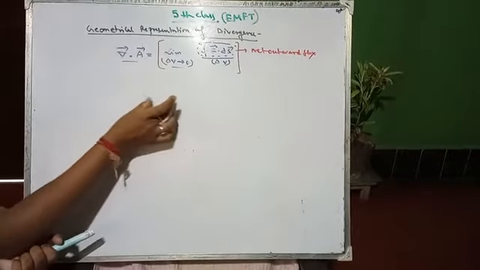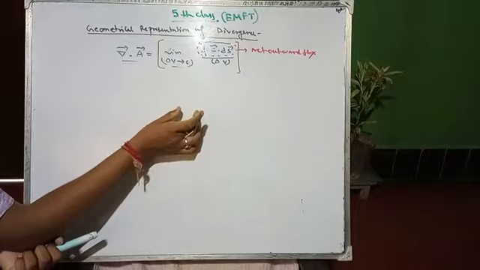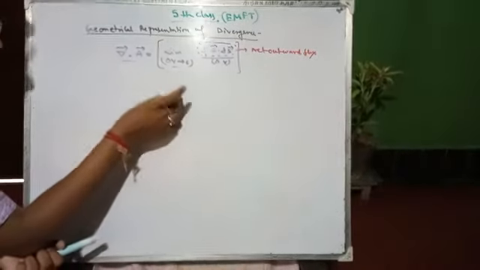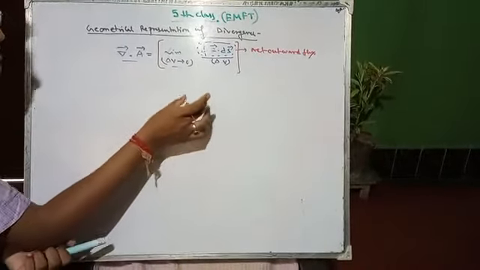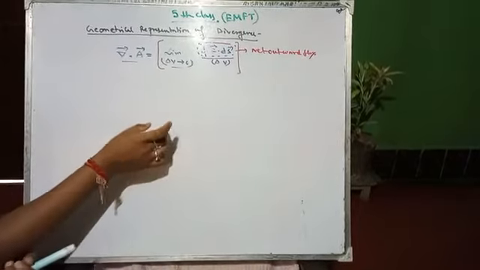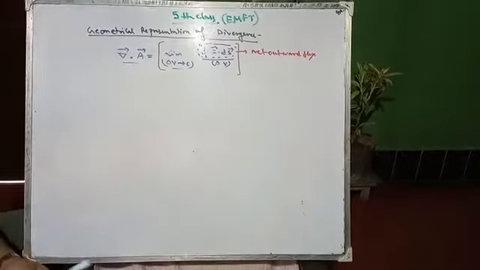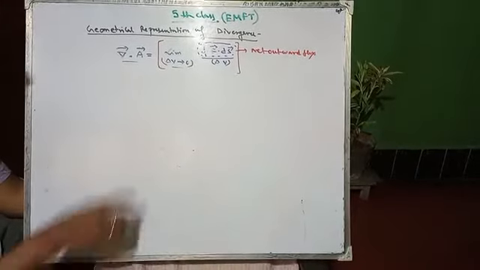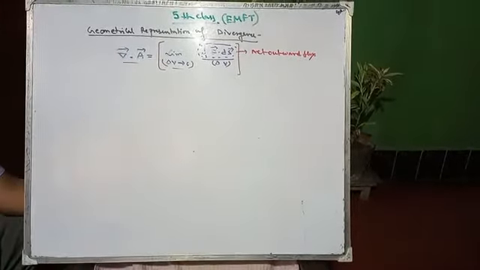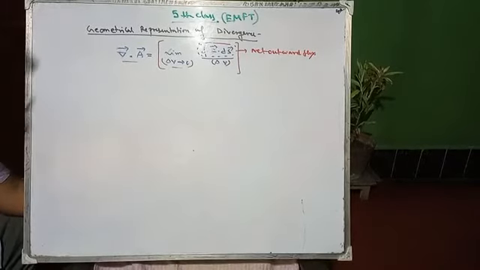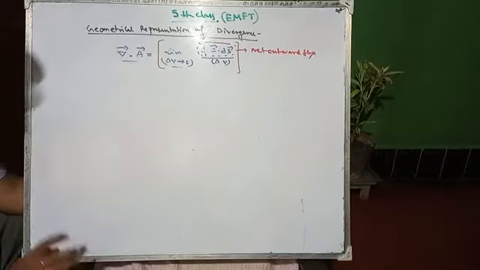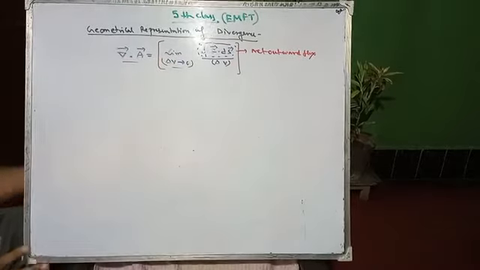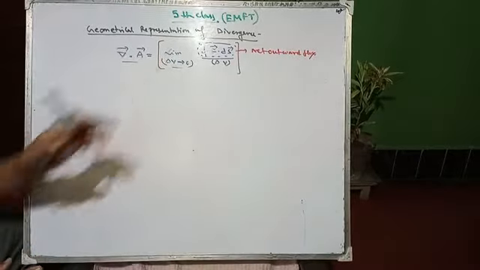So the net outward flux, or amount of flux, within bracket write results, coming out from a closed surface can be found by using the divergence. The physical significance of divergence is nothing but this.